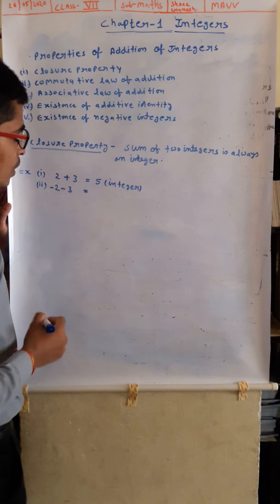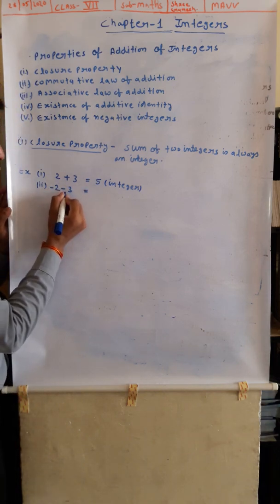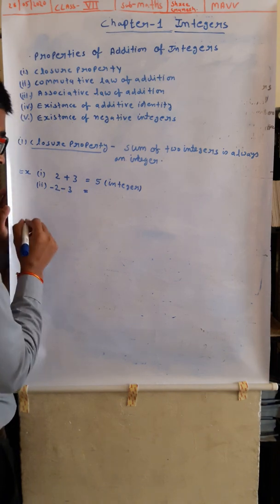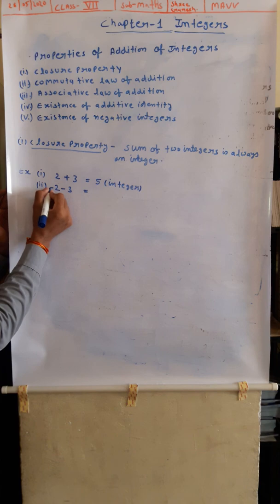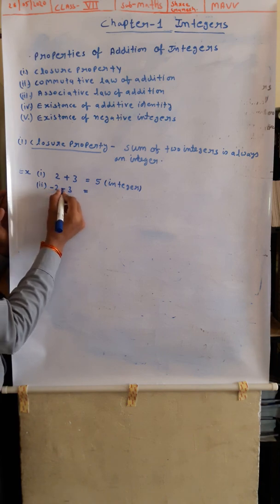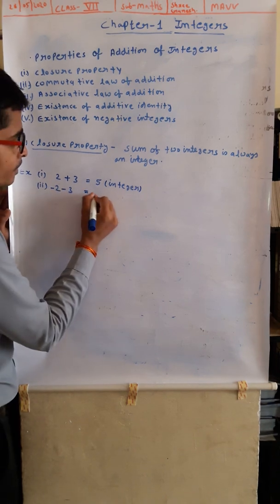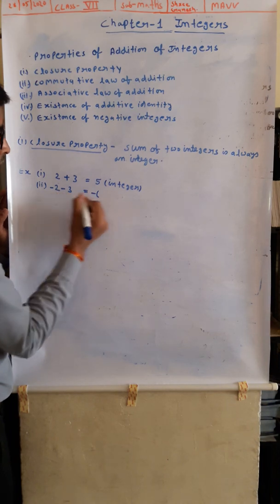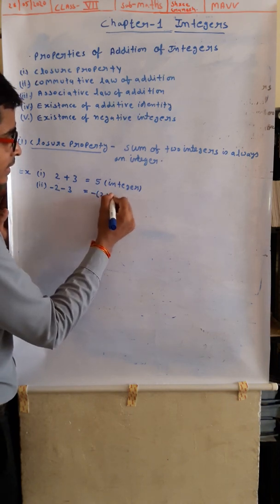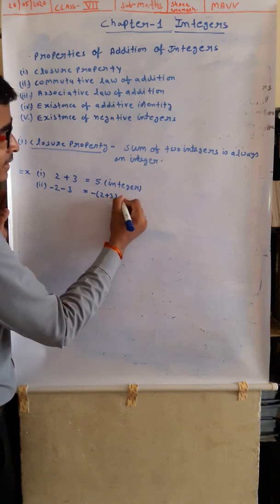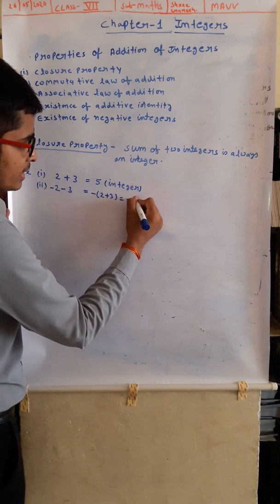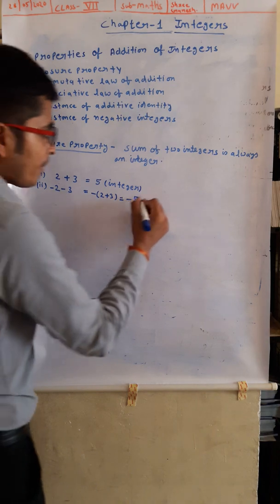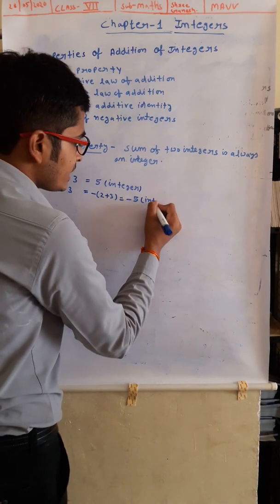How do we add two negative integers, or two integers with like signs? Here the like signs are minus minus, so we simply add the two numbers irrespective of the sign, then finally we give the sign of the like sign, that is minus. So minus 5 is also an integer.